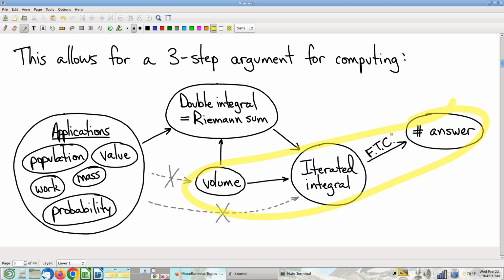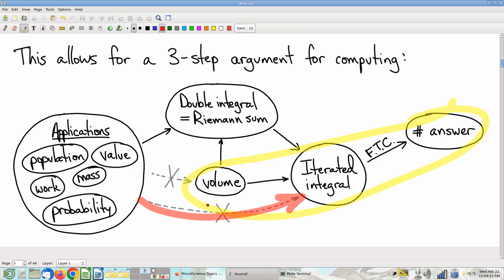But I pointed out that you cannot use this to compute the answers to other things like mass. You just can't write down a mass question directly as an iterated integral. The units just don't make sense. The concepts don't fit together. It just doesn't work.